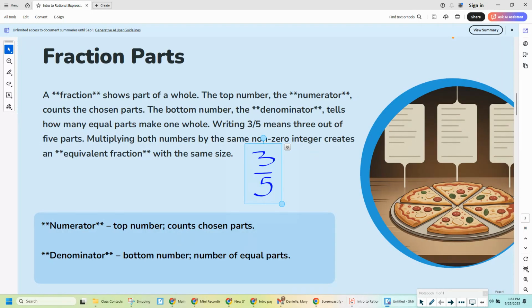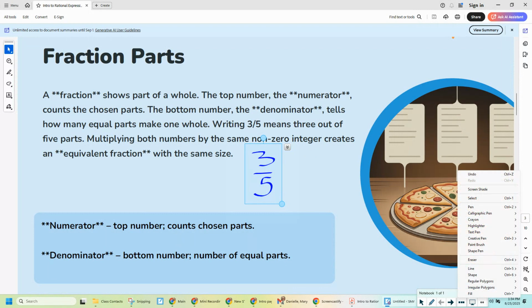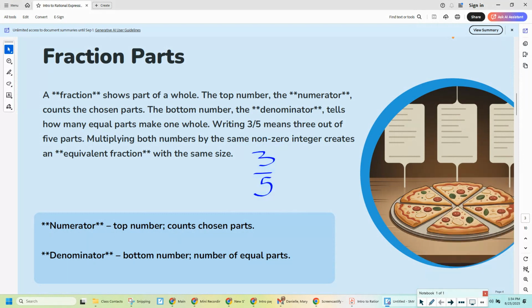So if I multiply the top by 2, I have to multiply the bottom by 2. Essentially, I'm just multiplying by the number 1. 2 over 2 is 1. So that would equal an equivalent fraction of 6 over 10. So these are the same fractions, one simplified and one just multiplied by 2, but they are equivalent fractions.